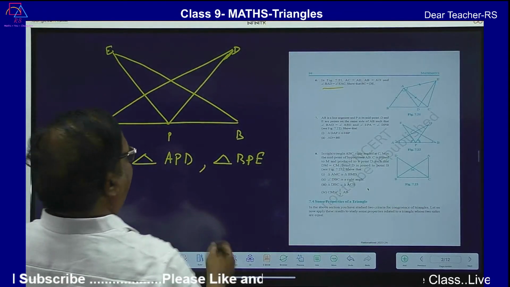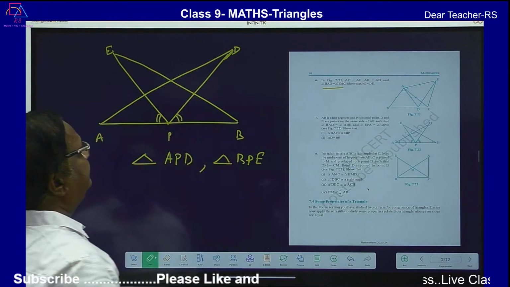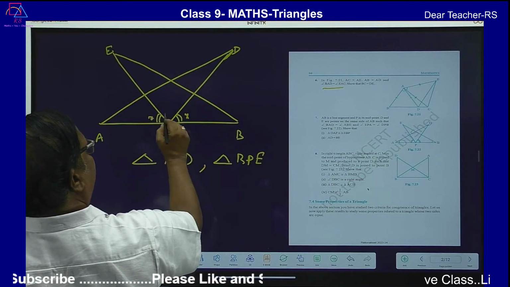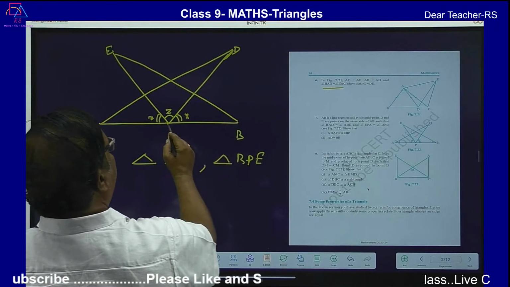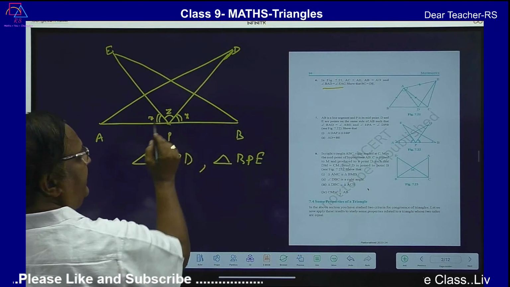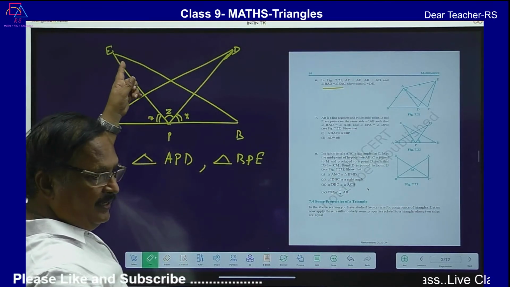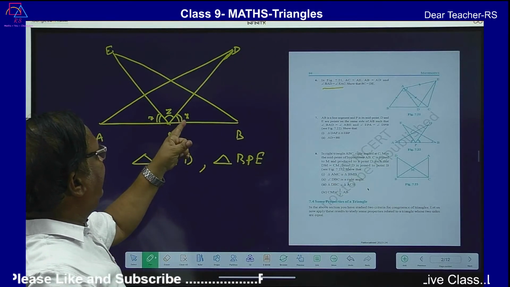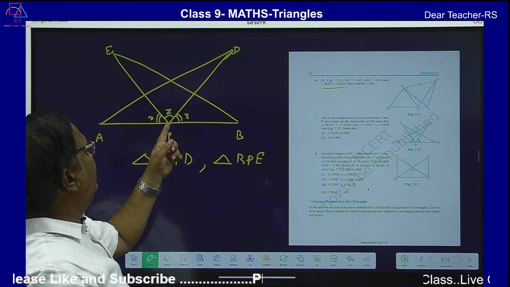And in that, these two angles are equal. That means X, and this is Z. In BPE, how much is P? X plus Z. In APD, how much is P?